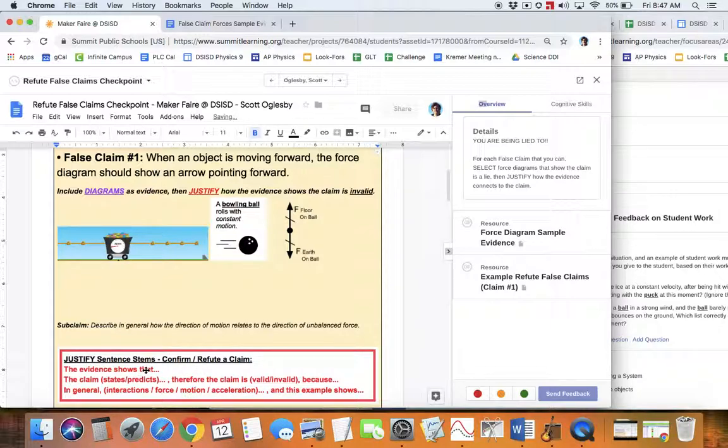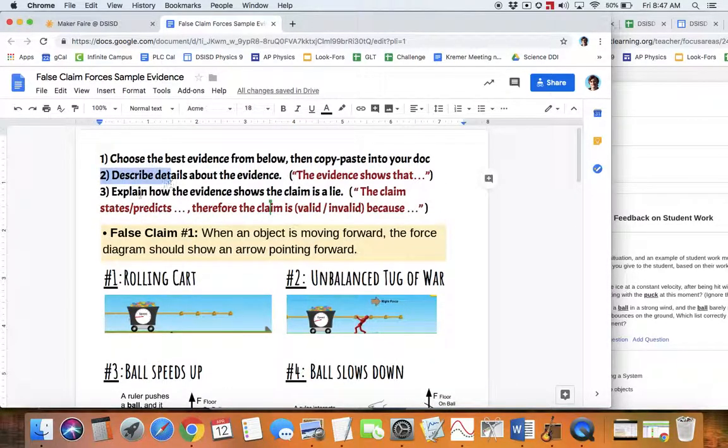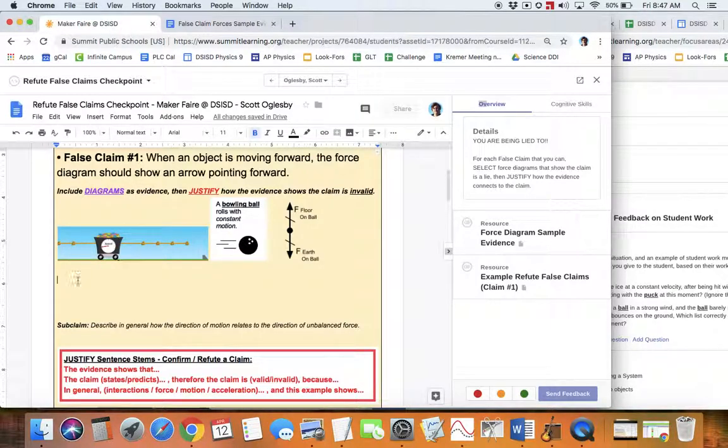There are some sentence stems down here to help me do this. And notice step 2 and step 3 on this document is showing me how to use those. I'm going to describe details about the evidence, then I'm going to explain how the evidence shows the claim is a lie. So first, focusing just on the evidence, let's try using this.